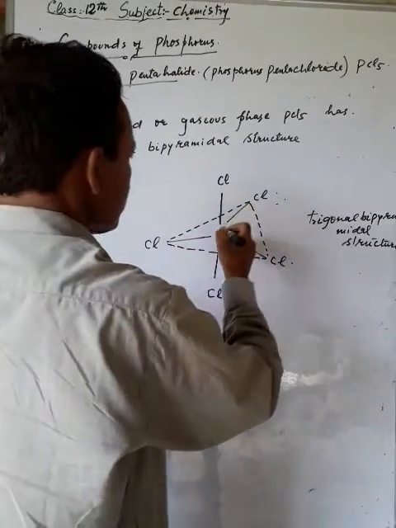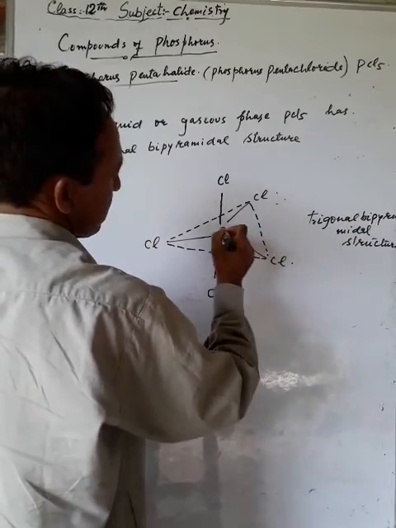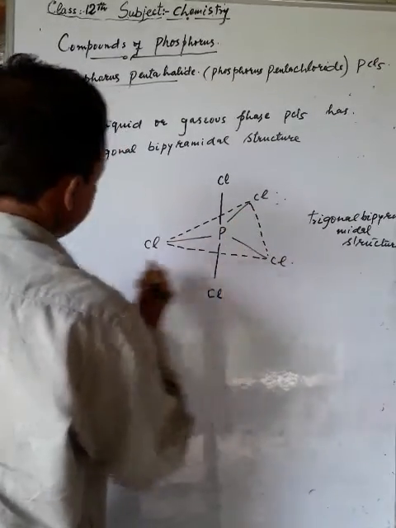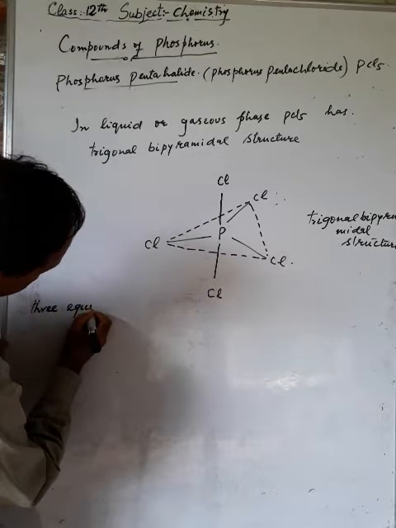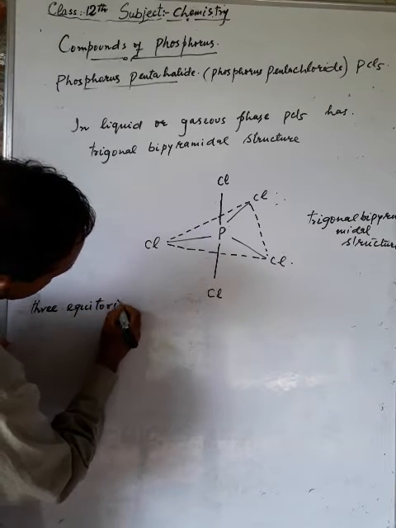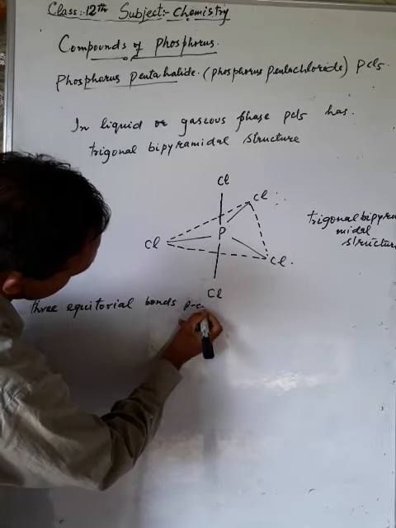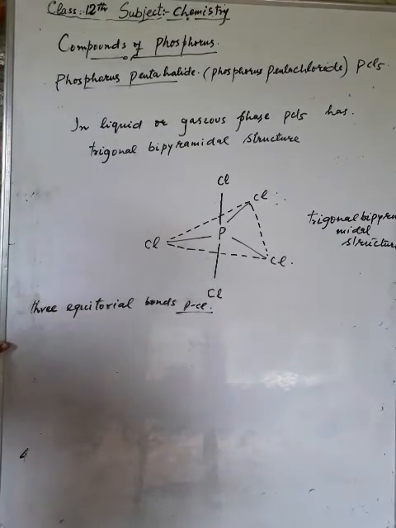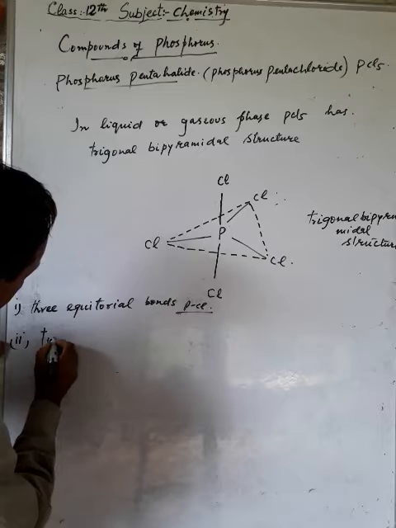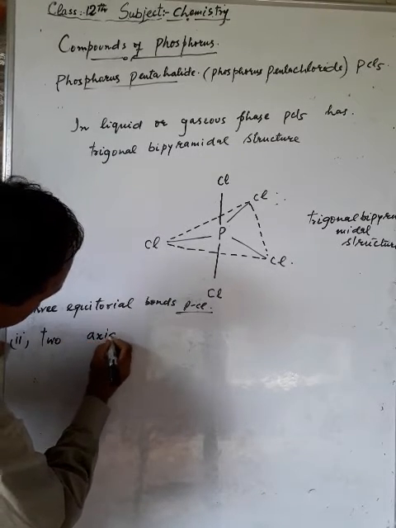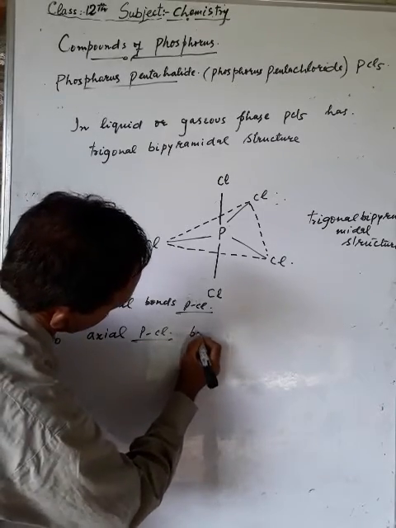We have three equatorial bonds of PCl between phosphorus and Cl, and two axial PCl bonds.